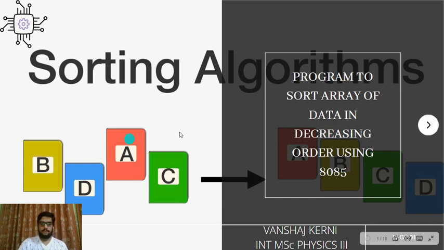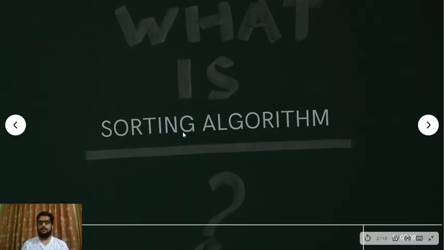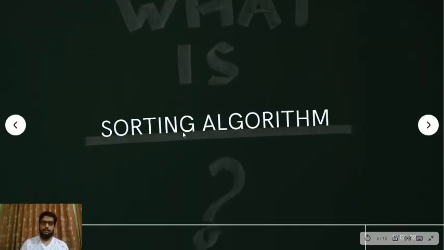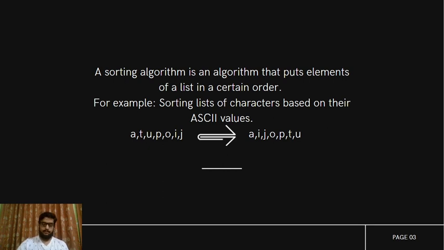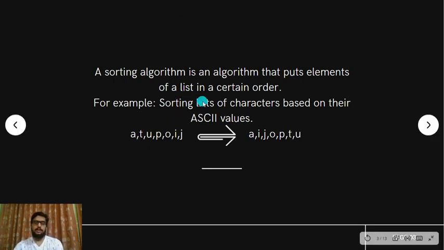So let me first start with the basics. What is a sorting algorithm? So a sorting algorithm is basically a bunch of instructions or code that we use to rearrange the elements we have been given by using a comparison operator. For example, in this we are sorting a list of characters based on their ASCII values.